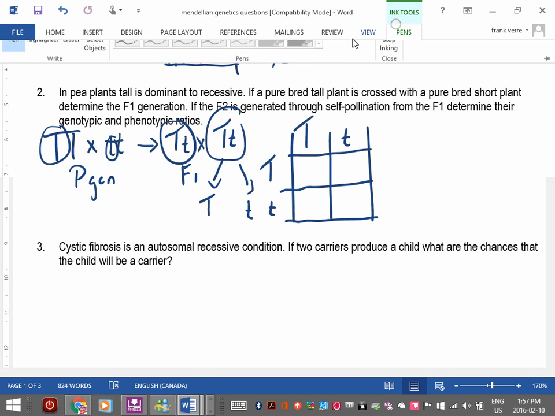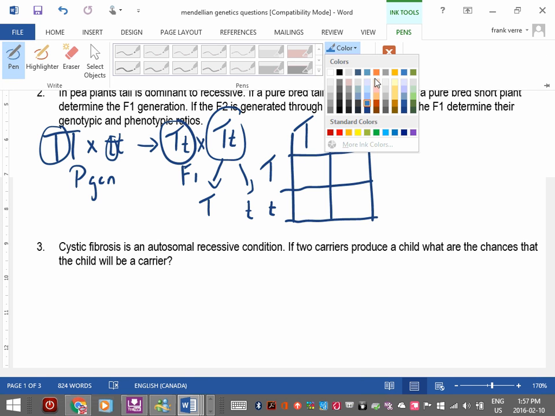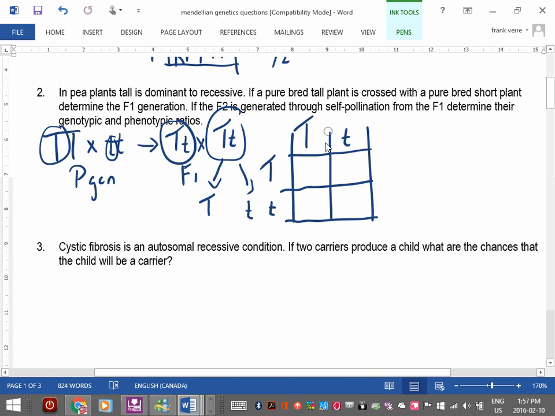This pattern is a familiar one. This is going to be big T, big T, big T, little t, big T, little t, little t, little t. So, how many will be tall in the next, or the F2 generation?